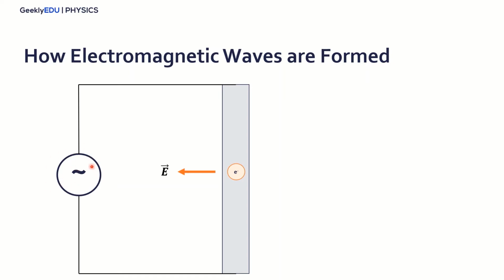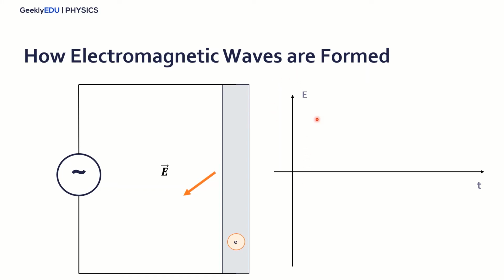When we turn this source on, the electron starts to move up and down, and so the electric field vector is also moving up and down with the electron. So the electric field is oscillating.